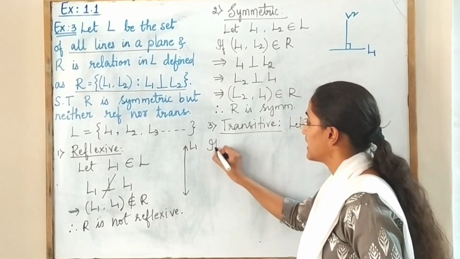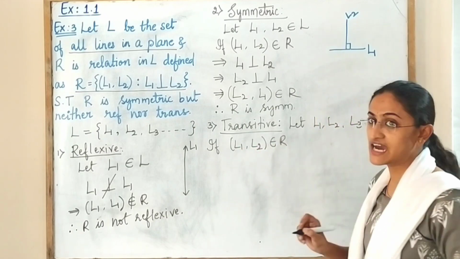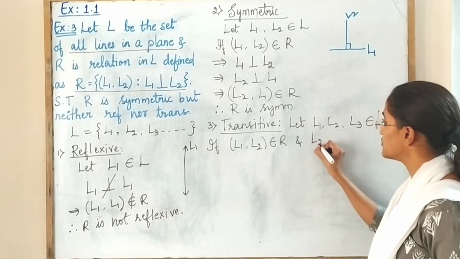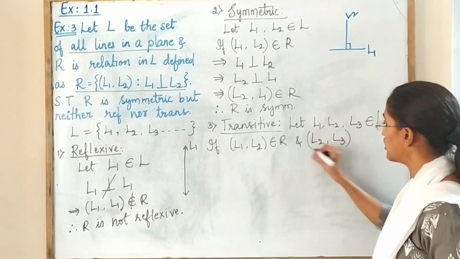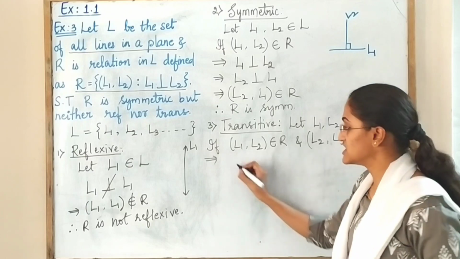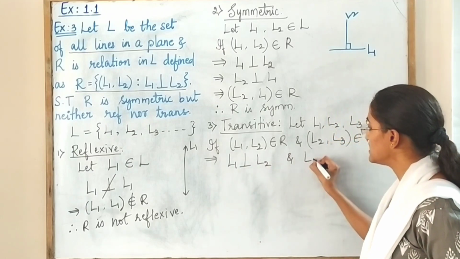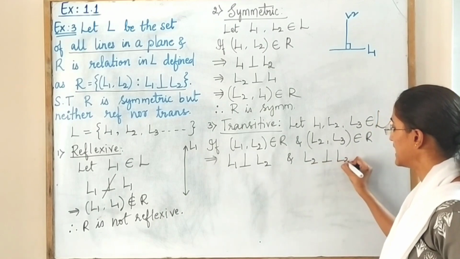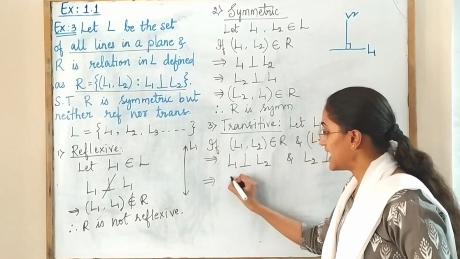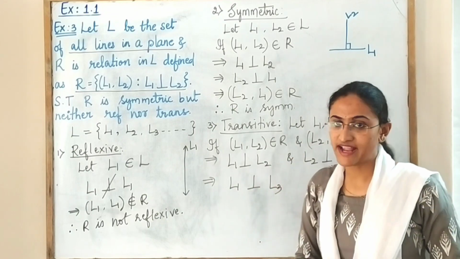Now, if (L1, L2) belongs to the relation R and (L2, L3) belongs to the relation R, then it should satisfy the condition L1 should be perpendicular to L2 and L2 should be perpendicular to L3. Now, is L1 perpendicular to L3? We need to find this out.